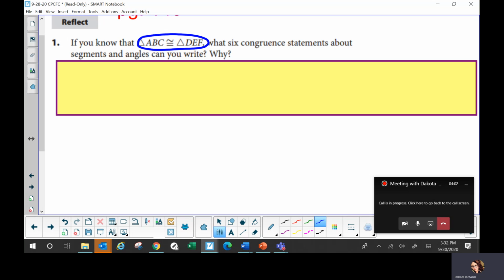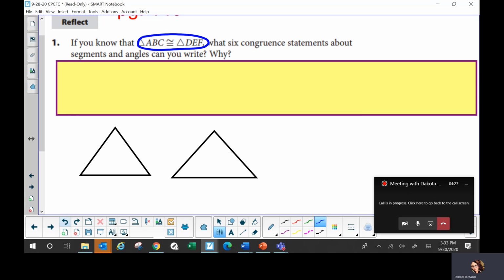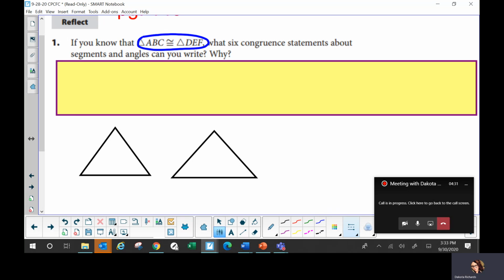Okay, so let's just write those triangles. I'm going to cheat my way here because this is a much better triangle that I can draw. So we have that triangle, and let's do another triangle. Actually, I'm going to move it over. All right. So the first triangle is ABC.